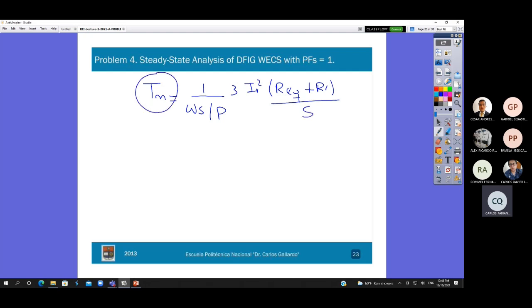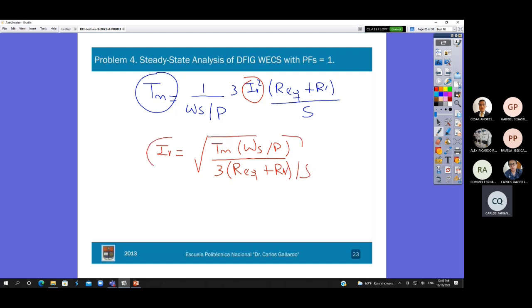So isolating the rotor current, this is my second way to compute it: the rotor current is equal to the square root of the mechanical torque times the stator speed over the number of poles, over 3 times the equivalent resistance plus the rotor resistance over the slip.